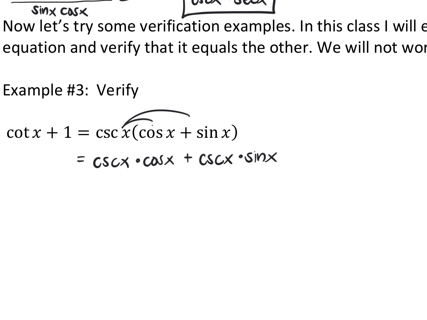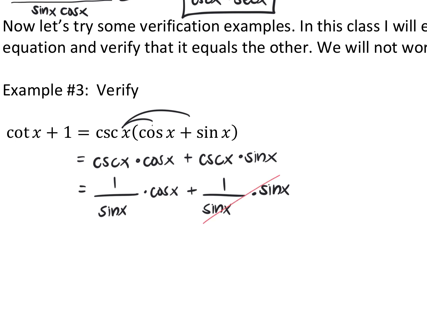Okay, another helpful thing: we've got things in terms of cosine and sine partially, but let's change cosecant into terms of sine and cosine. So what is cosecant in terms of sine and cosine? 1 over sine. So let's rewrite this as 1 over sine of x times cosine of x, and 1 over sine of x times sine of x. So what happens with those sine of x's?